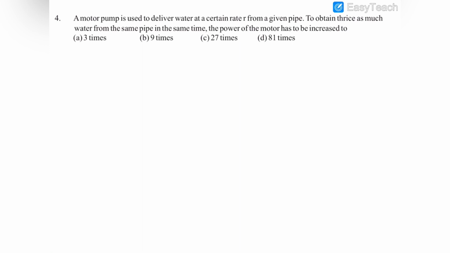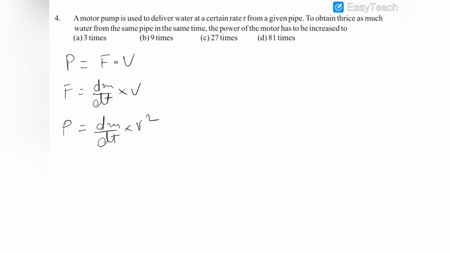So we know that the power of the motor is force F dot V, and F can be written as dm by dt, the rate at which mass is delivered, into velocity. So power can be written as dm by dt into v square.